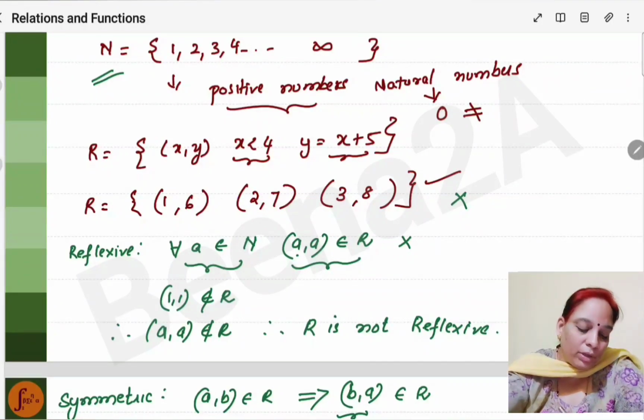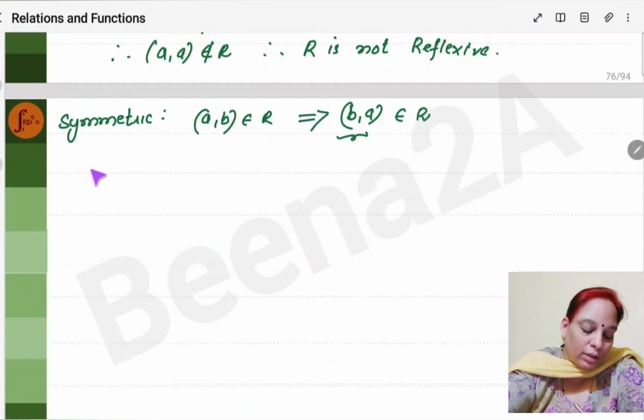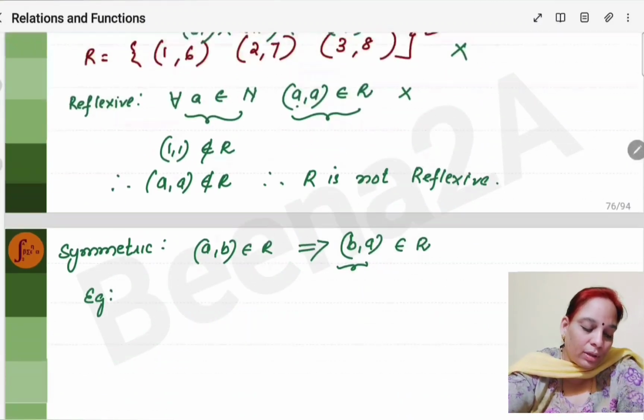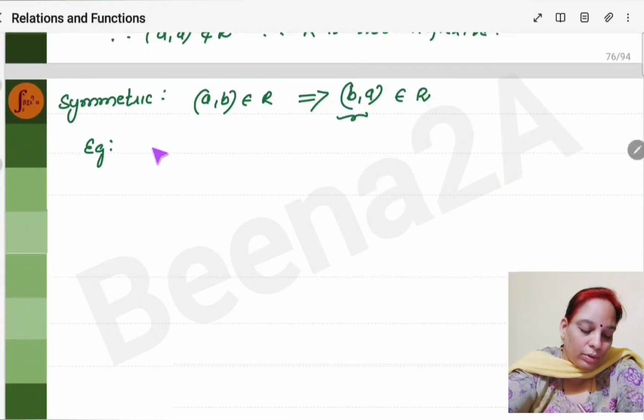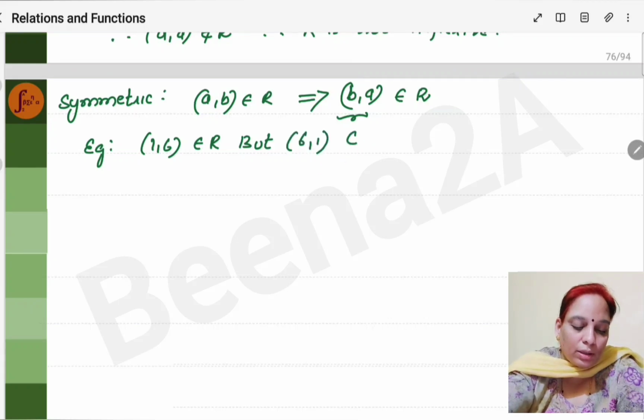The reverse combination is not there. Right? Therefore, you can say, example, 1 comma 6 belongs to R, but 6 comma 1 does not belong to R. Therefore, R is not symmetric.